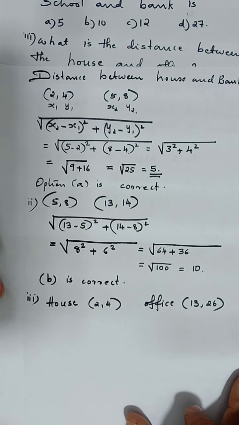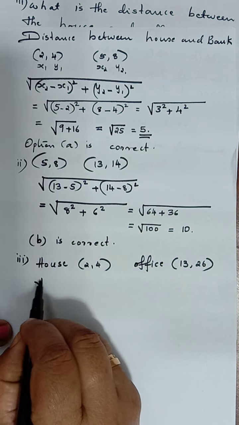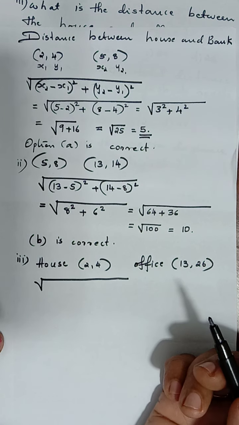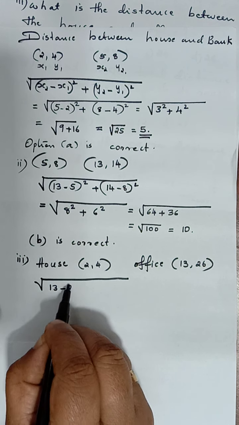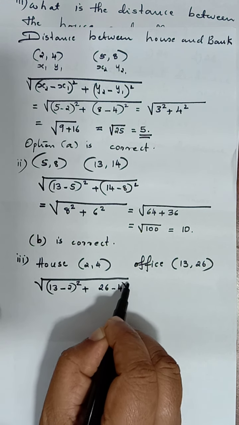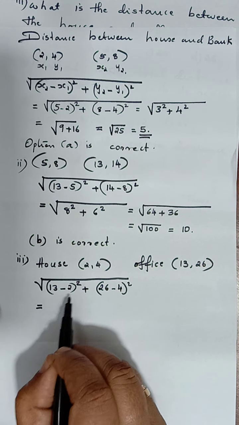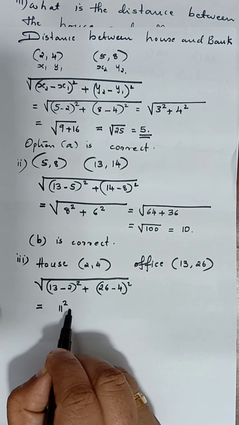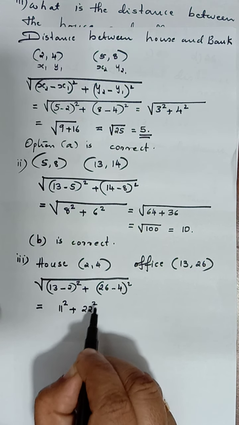1326. So the distance between them, again we are using the formula, square root of, x2 minus x1 whole square plus y2 minus y1 whole square. So it becomes the root of 13 minus 2, it is 11 square, plus 26 minus 4, it is 22 square.